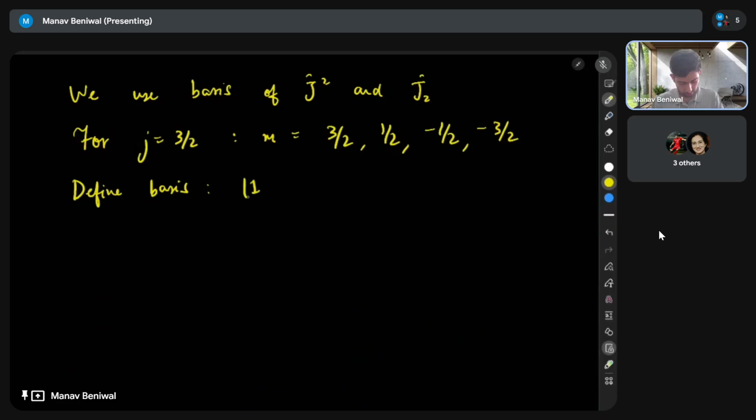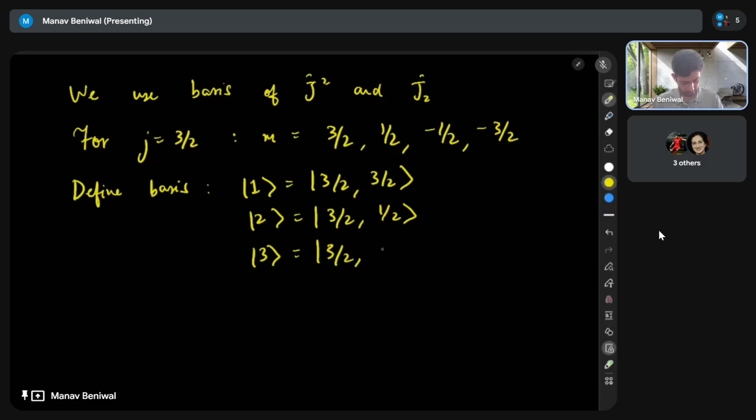State 1 will be 3 by 2, 3 by 2. State 2 will be 3 by 2, 1 by 2. State 3 will be 3 by 2, minus 1 by 2. And state 4 will be 3 by 2, minus 3 by 2.